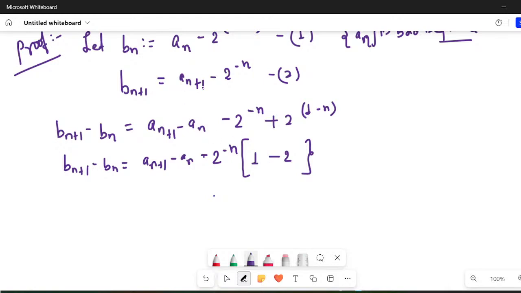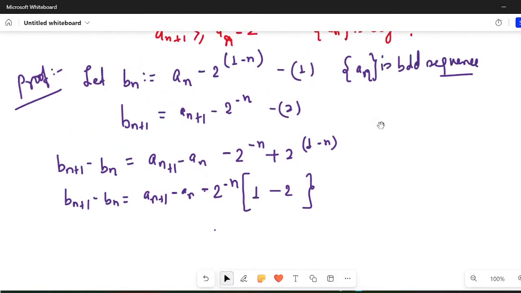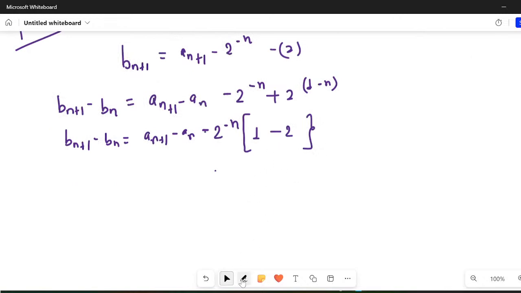What I'm doing is subtracting it. So if I'm subtracting it, minus and minus would be plus. If I take 2 raised to power minus n common out, I will get 1 here, and I will get minus 2. This is what I'm getting.